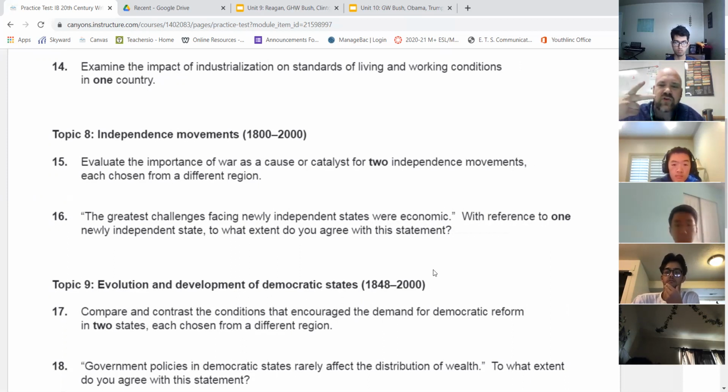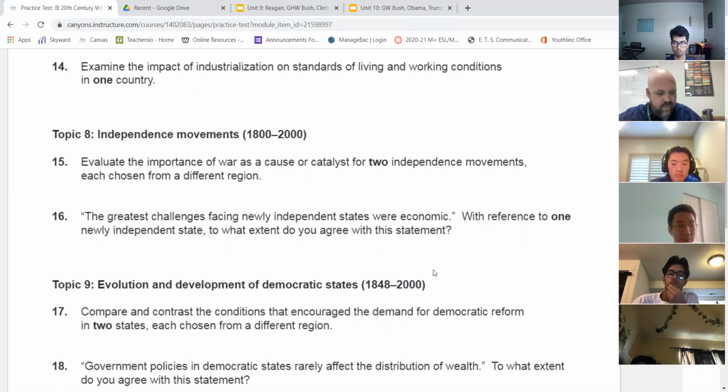Ilha, what two countries and what wars are you going to choose for this one? Probably South Africa and Ireland, I guess. Good. And what wars? South Africa, there's a lot.